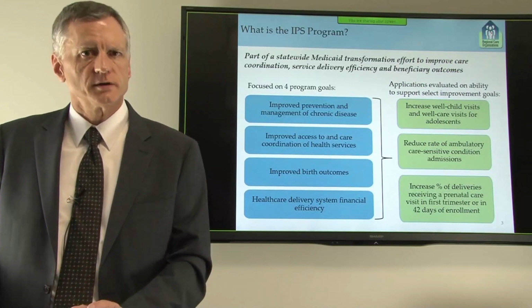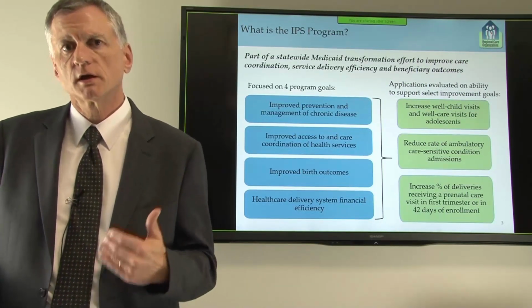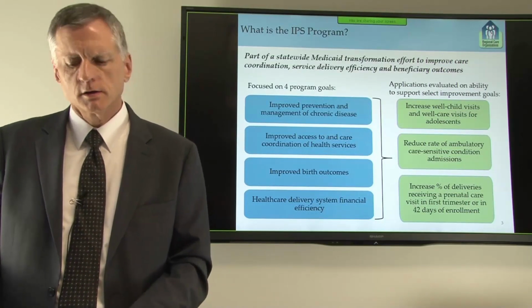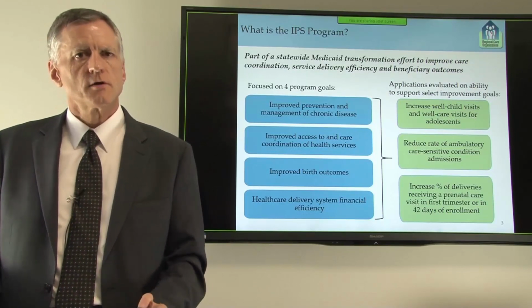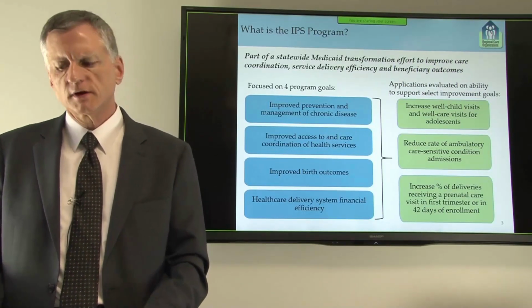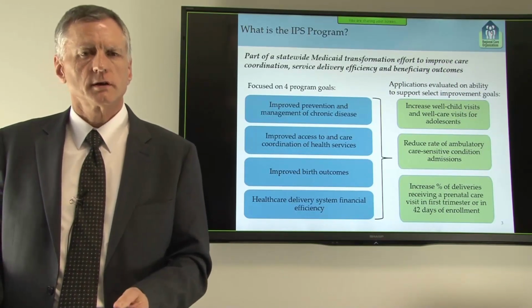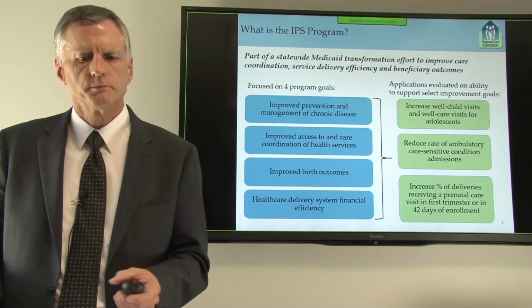Now, there are a lot of ways to address these goals, and that's where we're really looking forward to the innovation and ingenuity that you all might be able to bring to the table in your plans as they come forward. So don't forget the goals, and do not forget the improvement goals, because they're ultimately going to be very critical in the assessment of the particular plans that end up being put forward.